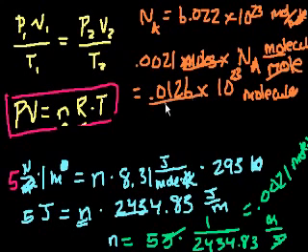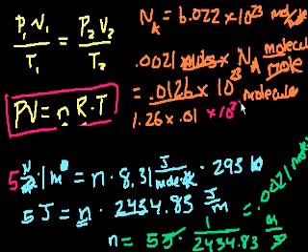So this is 0.0126. That's the same thing as 1.26 times 0.01, and then of course times 10 to the 23. And what's 0.01? That's 10 to the negative 2, right? 10 to the negative 1 is 0.1, so this is 10 to the negative 2.